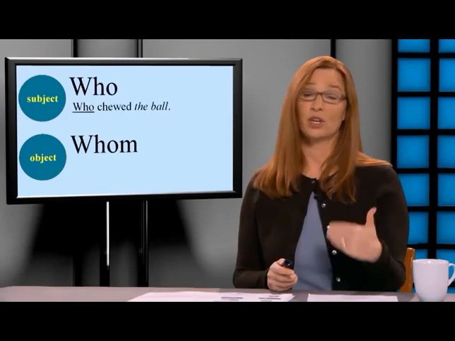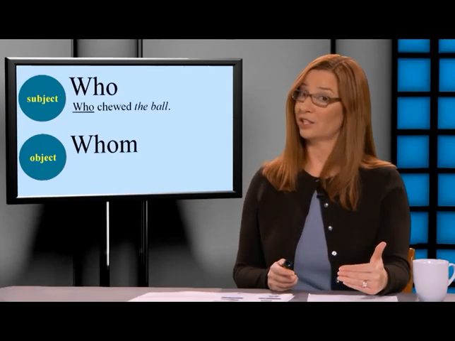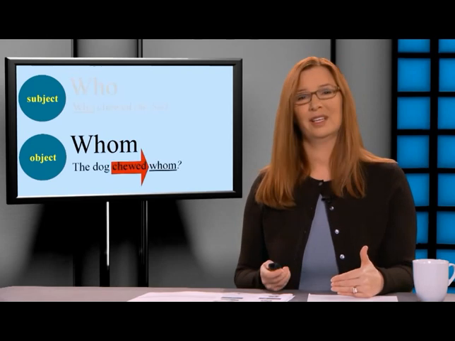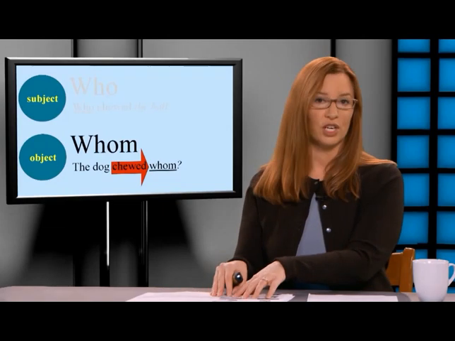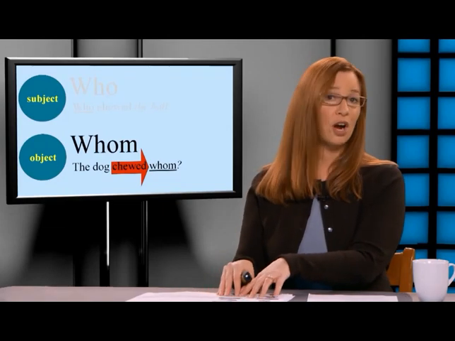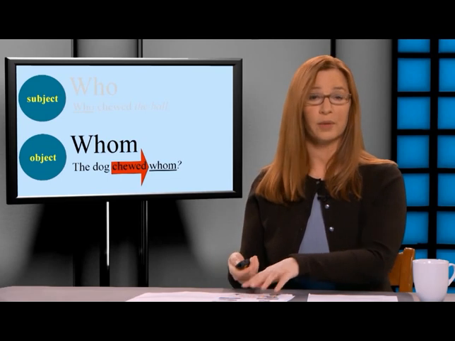Who is the person taking action, or the dog taking action, chewing the ball. But if you have the dog chewed whom, whom is the target of the chewing. So whom is in the object position, and so it's the object pronoun. When you're talking about the target of an action, you use whom.